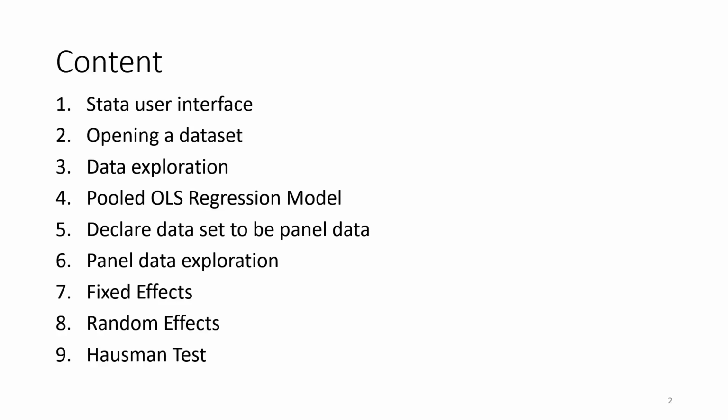Then declare a dataset to be a panel, and explore the dataset when it is a panel, and at the end we're going to do some estimation using a fixed effect model, a random effects model, and then a Hausman test. It is important to remember that we are going to be working with the menus and not the commands, because in general you don't know the commands, and the menus give you a lot more flexibility and options.